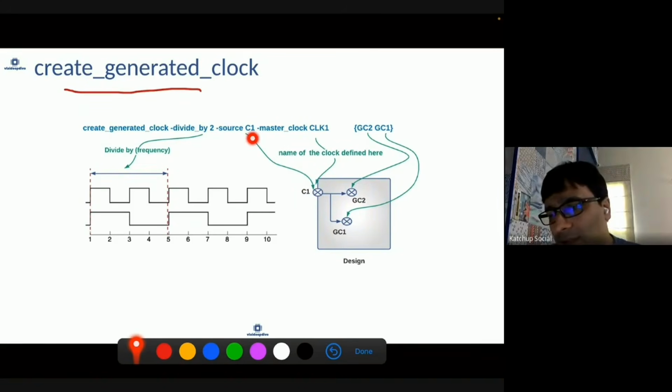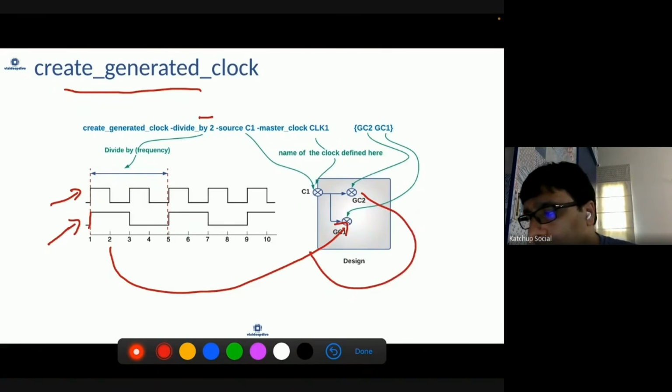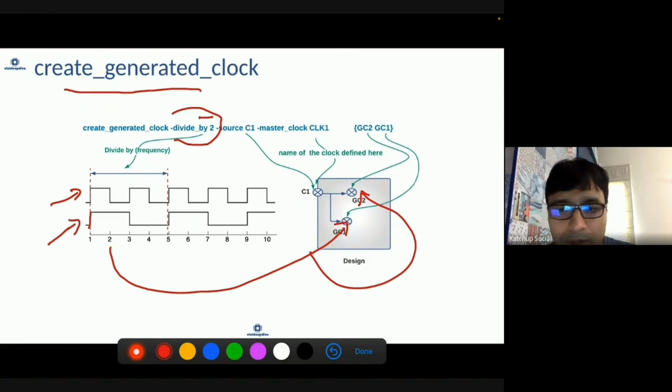What this creates is, this was your parent clock, and you have divided the frequency of this clock by 2. So this becomes your generated clock, and this generated clock is created on net GC1 and net GC2, which is a frequency divided version of your parent clock. So your period has become double. Your frequency has been divided by 2.